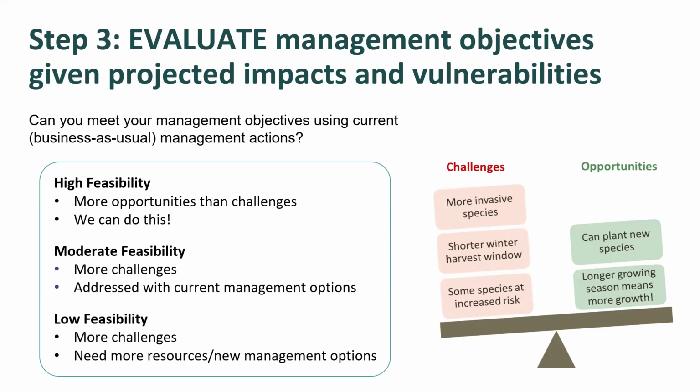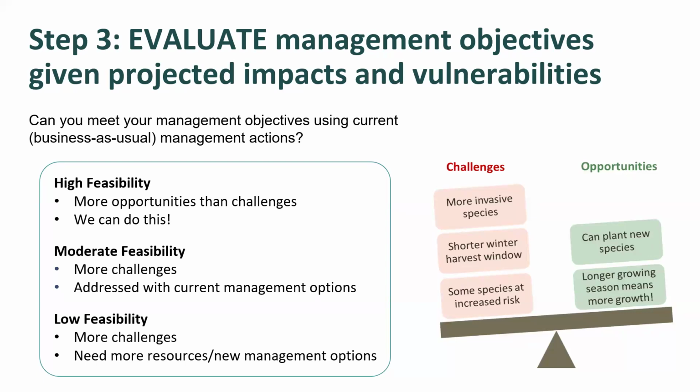An objective might have high feasibility if the identified opportunities outweigh the challenges and if existing management options are adequate to address the challenges. An objective may have moderate feasibility if challenges are weighted heavier, but they can still be addressed by using existing management options, even if they require additional resources or perhaps extra effort.